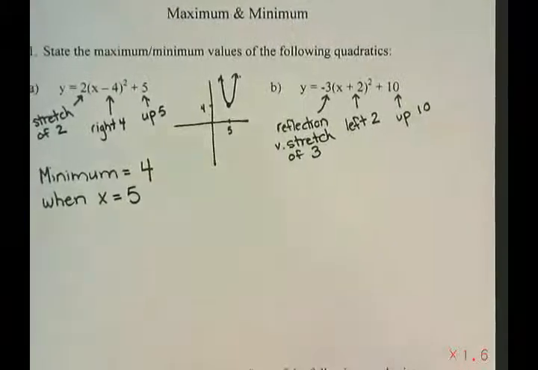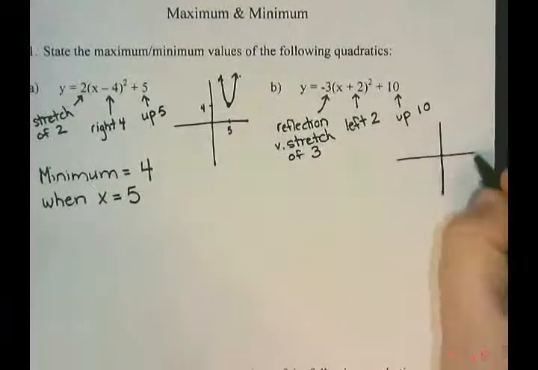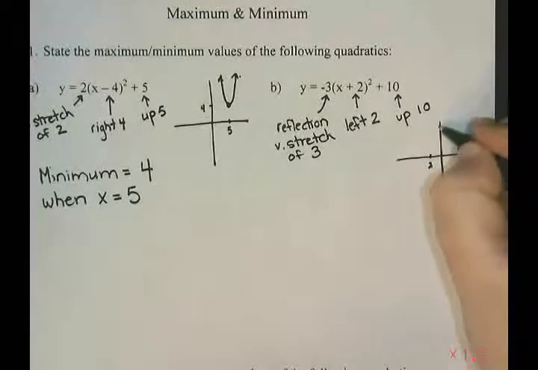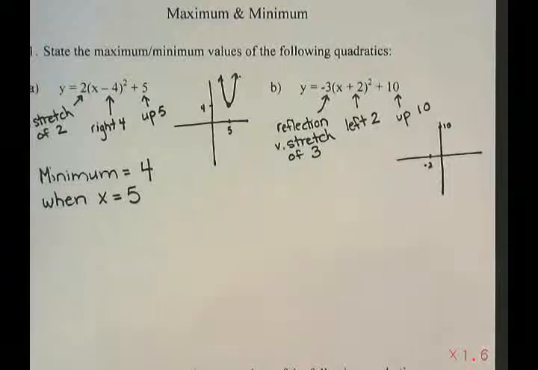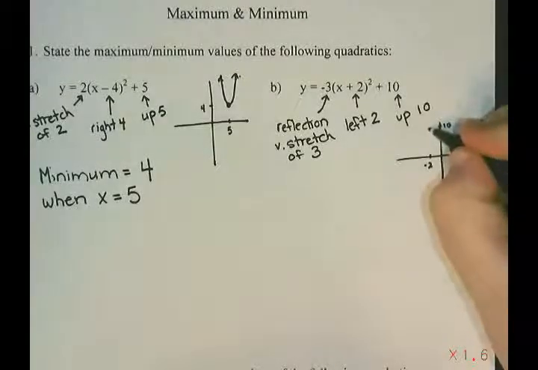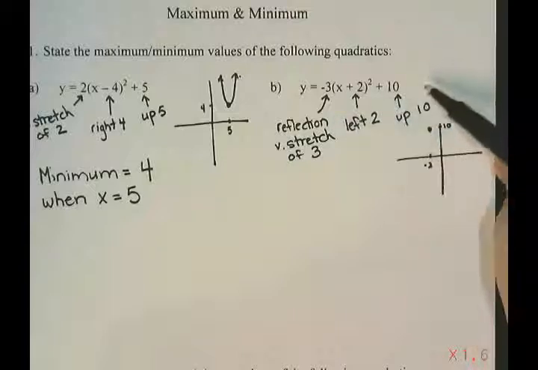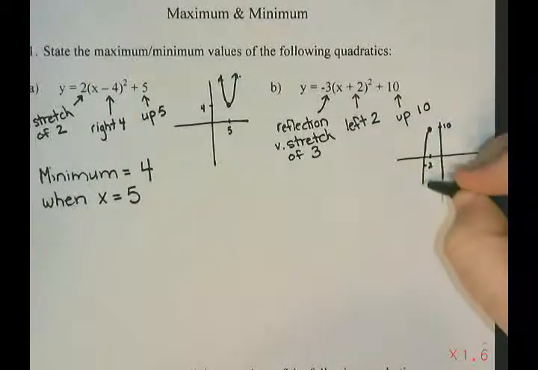So if I draw myself a very rough sketch of what that looks like, it's going left 2 and up 10, and that's where my vertex is. It's a reflection, which means instead of opening up, it's going to actually be upside down, and it's going to be thin because of the stretch of 3.